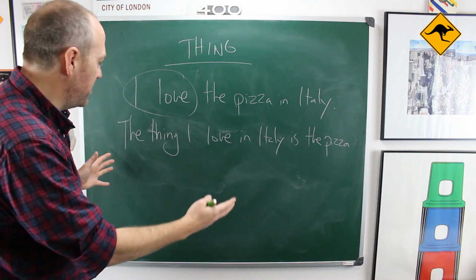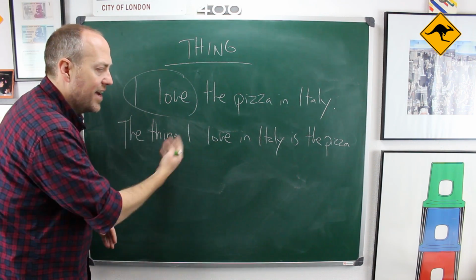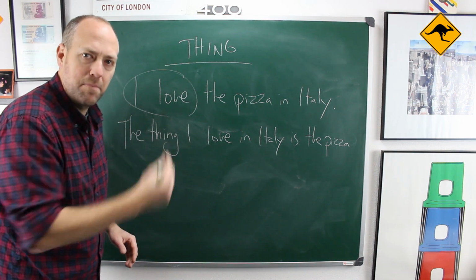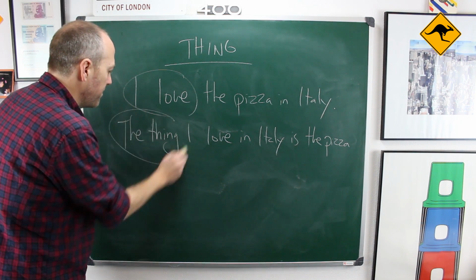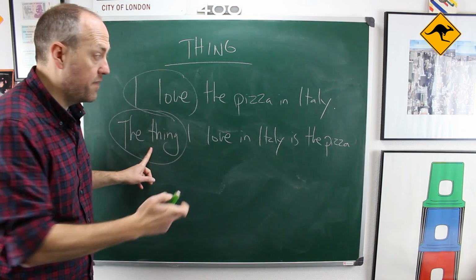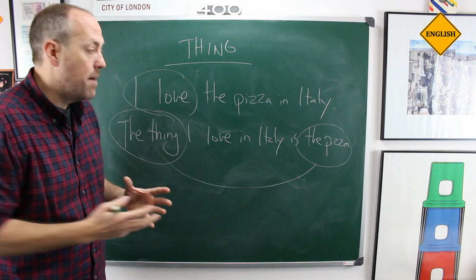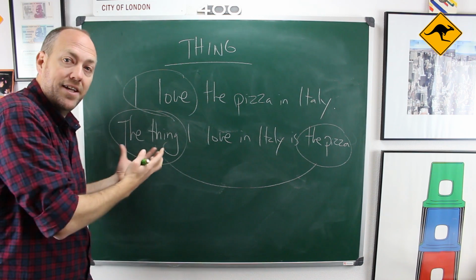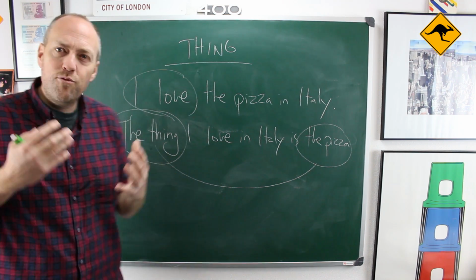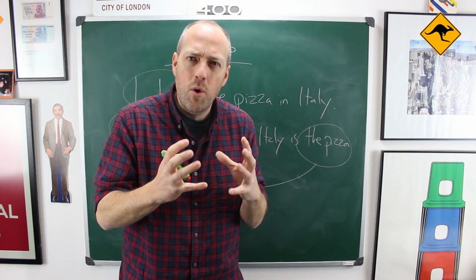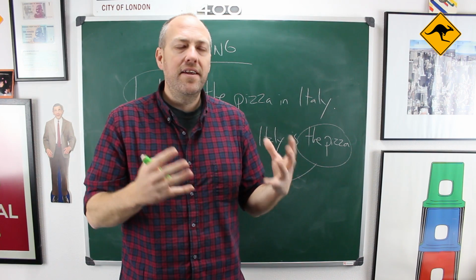But look at this sentence. The thing I love in Italy is the pizza. So the thing, of course, is the pizza. But because I'm bringing it to the front, I'm really focusing more on the pizza than me and what I love.